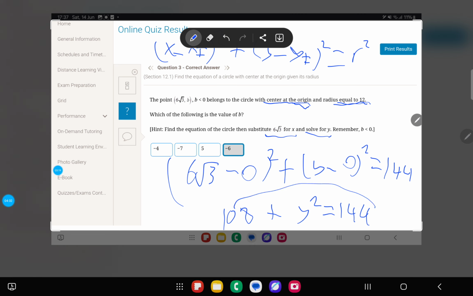Move 108 to the other side, so you get y squared equals 144 minus 108, and 144 minus 108 is 36, so y squared equals 36. They want y, so y equals 6.